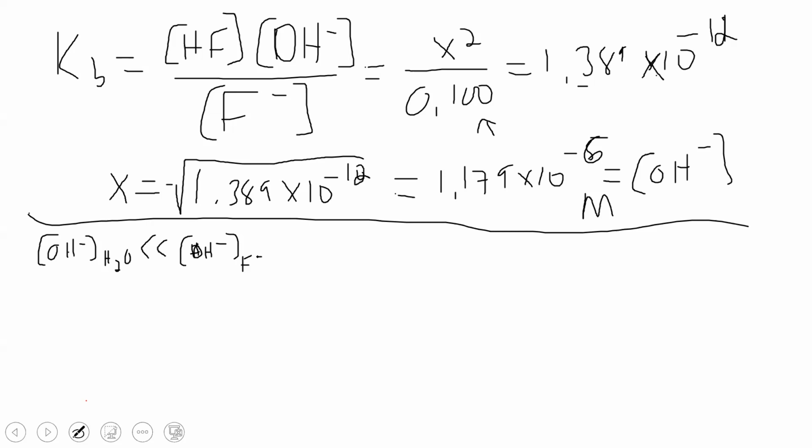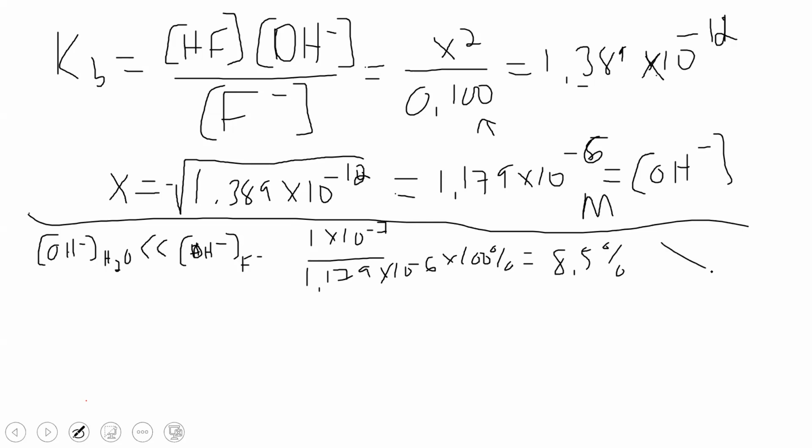So we check that assumption by taking 1 times 10 to the minus 7 molar, which is from the autoionization of water, that's our hydroxide ion concentration, divided by 1.179 times 10 to the minus 6th power times 100%, okay? And you actually wind up with 8.5% here, okay? So that does not check out.